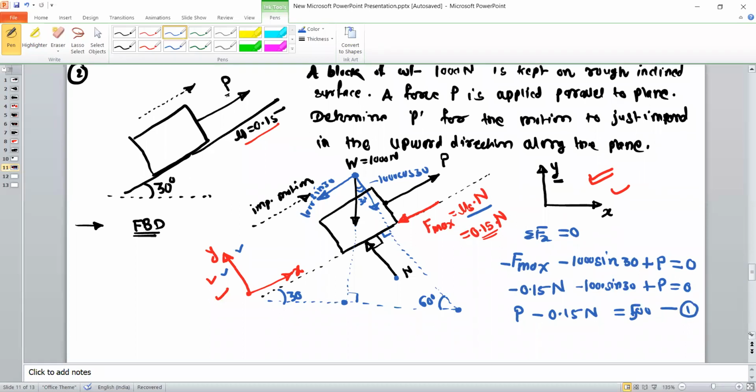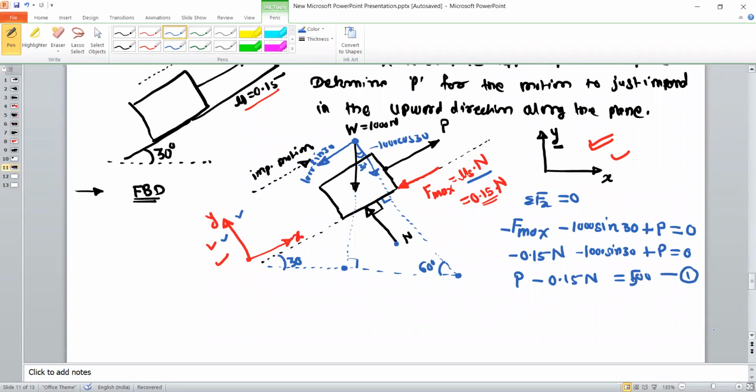Then for the second equation, summation Fy equals 0. For summation Fy, this normal reaction is along this y-axis. So plus N minus 1000 cos 30 in the negative y direction.